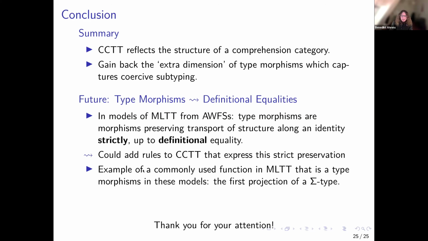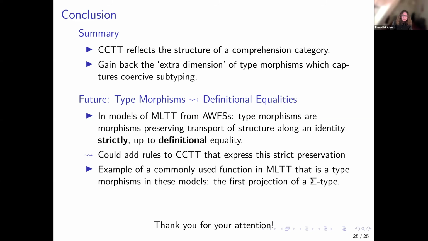In particular, we have found one commonly used function that we use all the time in MLTT, or in HoTT, that is a type morphism in these models, that would be the first projection of a sigma type.